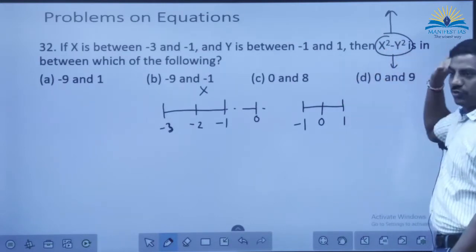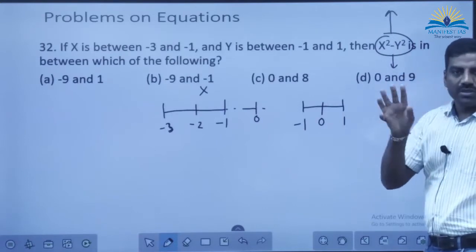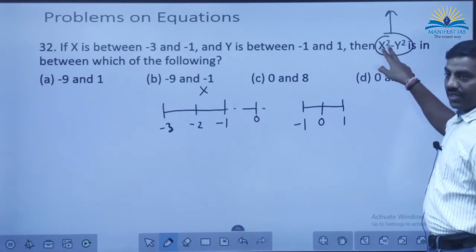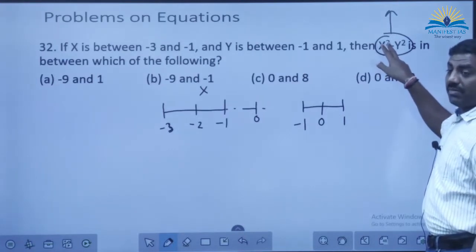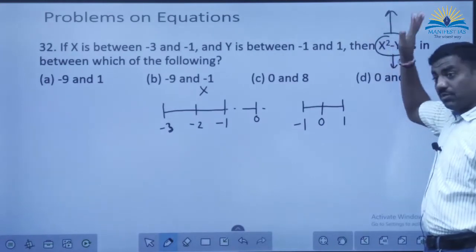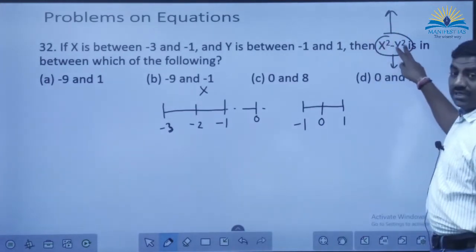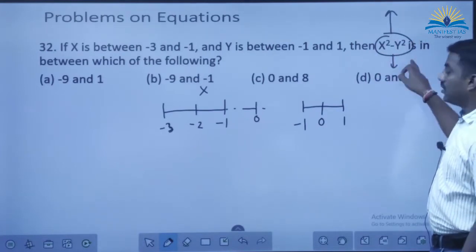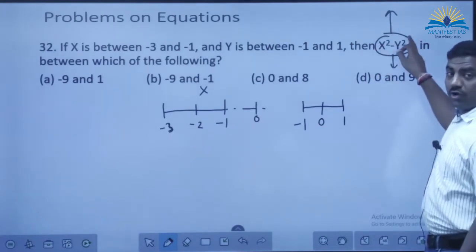Positive number minus positive number. If I take x square as the maximum possible value, and I get the y square value as the minimum value, then I'll get the maximum value for this expression.